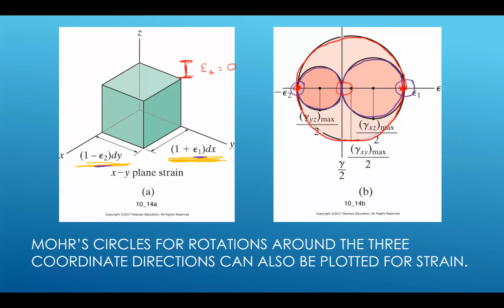From this, you can see that we have 3 radii. Each one corresponds to a different rotation, so rotation about different axes. And the largest of those, this one that I'm highlighting here in red, gives us our absolute maximum shear strain divided by 2.